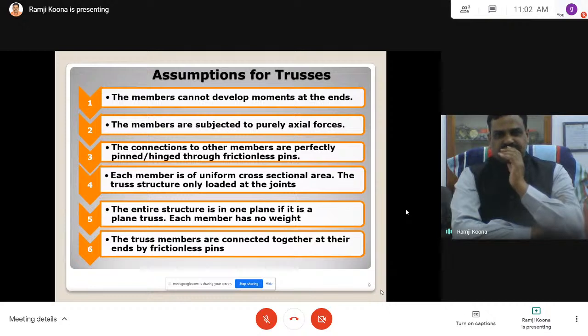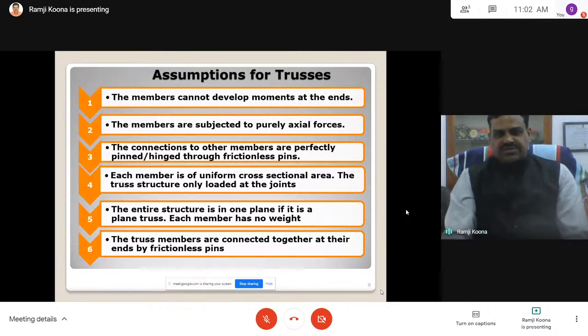The frictionless joints, that is, we are neglecting the friction here. Each member is of uniform cross section, straight, and only loaded at the joints. The entire structure is in one plane, if it is a plane truss. Each member has no weight; the self weight of the member is neglected compared with the forces, sectional forces and internal stresses.